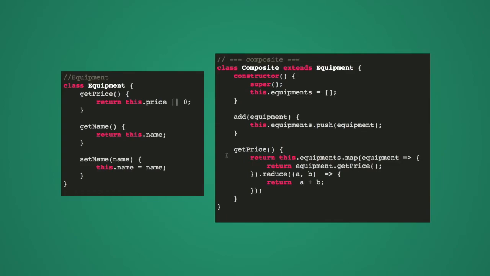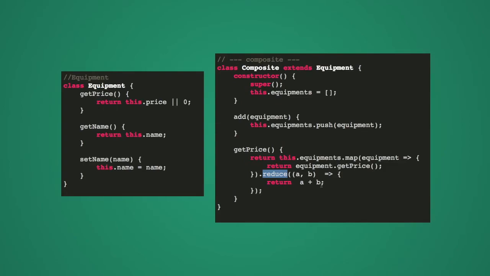It gives you just one equipment out of the array at a time. So in this equipment, and then you reduce, and you return getPrice. You could definitely use only a reduce here, and you could do a.getPrice plus b.getPrice. Yes, you could remove the map, but it would both work. Yeah.